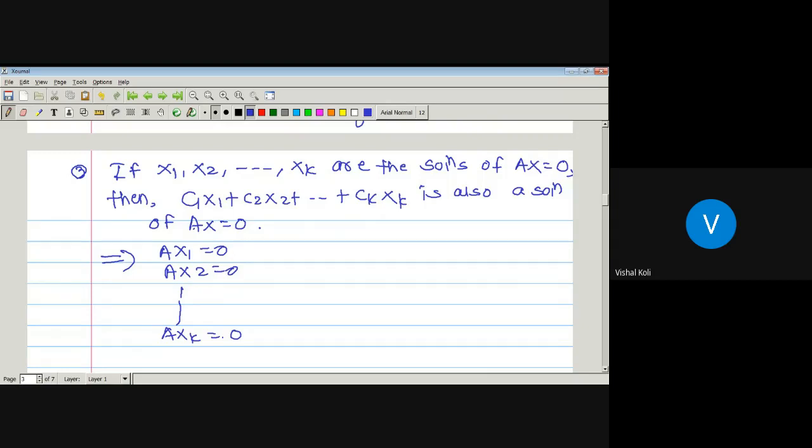Now just multiply this one by C1, this one by C2, and up to so on this one by Ck.